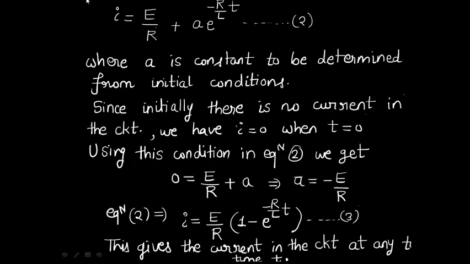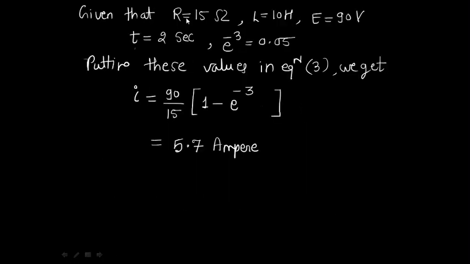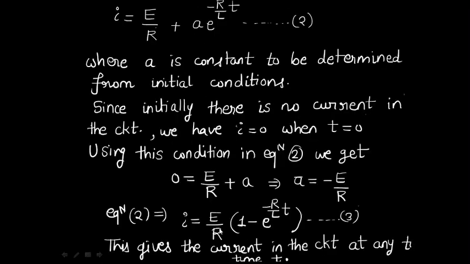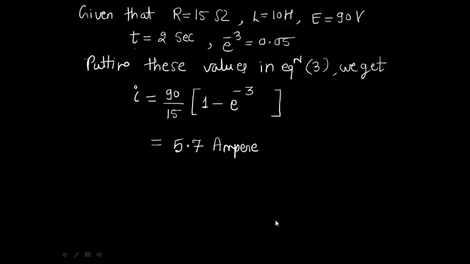Put this in equation number 2, and we reach this kind of simplification. So this is the current in the circuit at any time t. Now, in this problem, certain values are given for the constants R, L, E, t. So we will put these values over here: E by R, then 1 minus e raised to power minus R by L times t. Such expressions we will substitute.